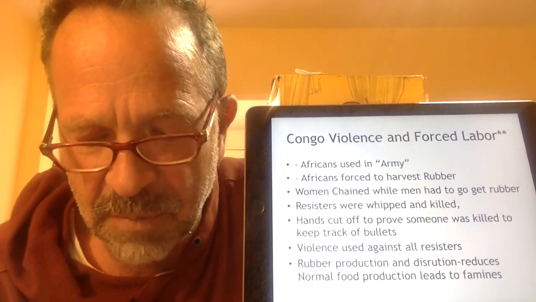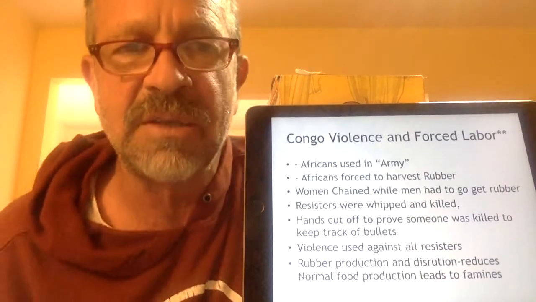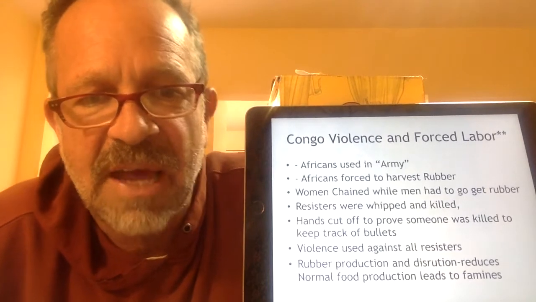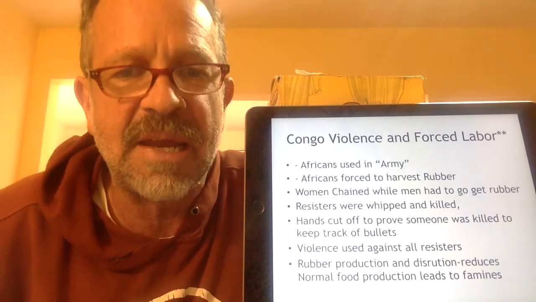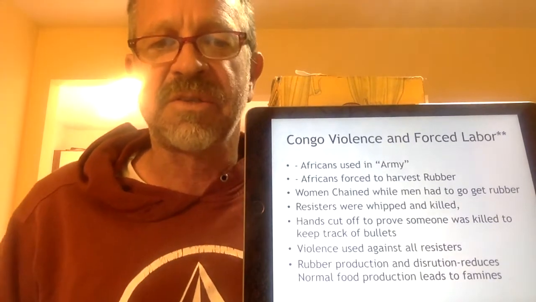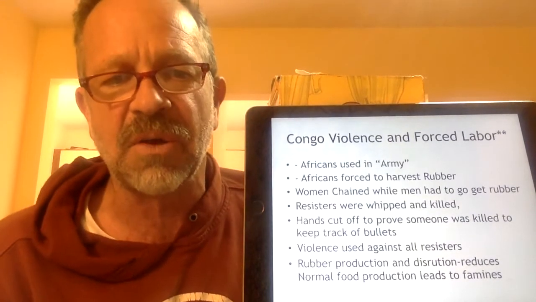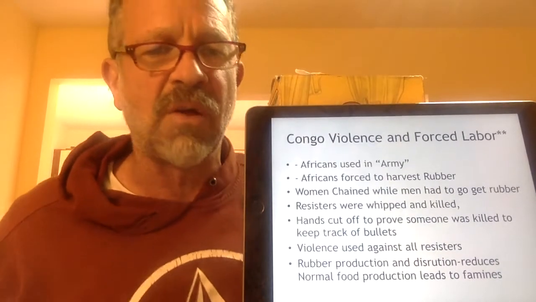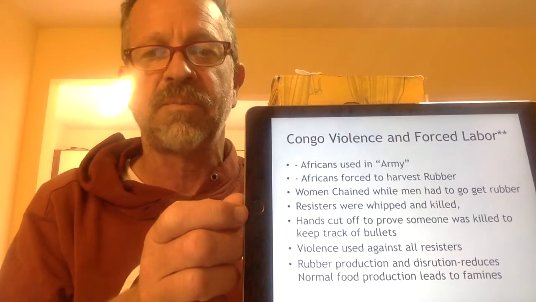They would chain up the women, force the men out into the forest, and people that resisted were killed, whipped, had hands cut off to save bullets, all kinds of horrible stuff. This caused a huge disruption to the Congo with a lot of famines and things like that while everyone's forced into rubber production.